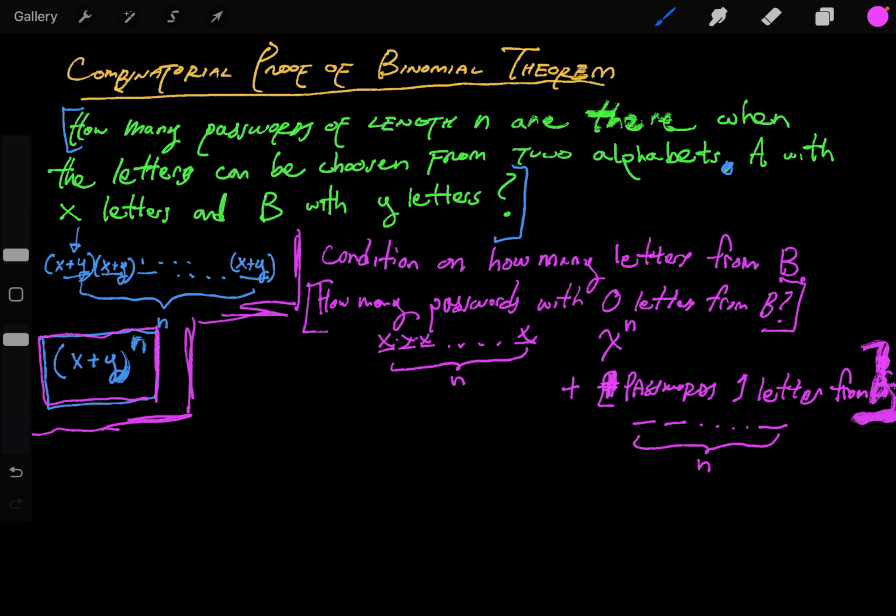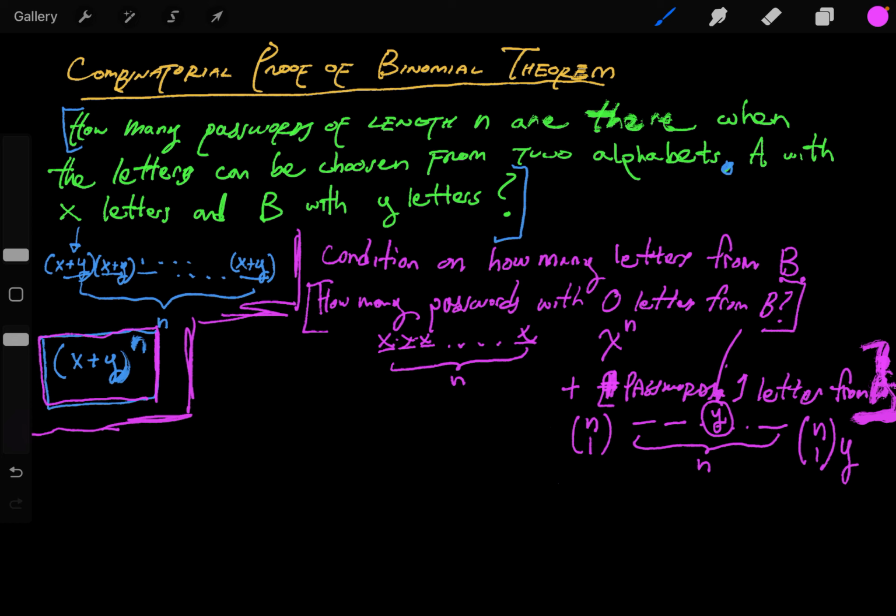How many choices do I have to place that? I have n choose 1. I have n slots, and I want to choose where to put that one letter from B. That's n choose 1. So let's say I put the letter from B right here. There's Y possible choices for that letter. So it's n choose 1 times Y, because if there's 10 letters in B, then there'll be 10 possibilities that I could put right here.